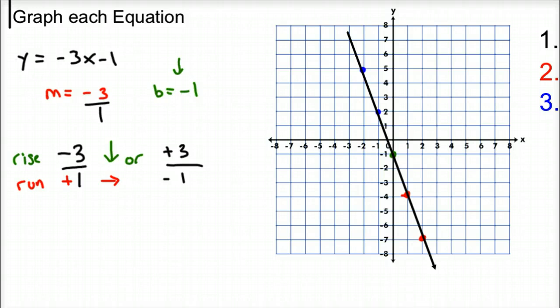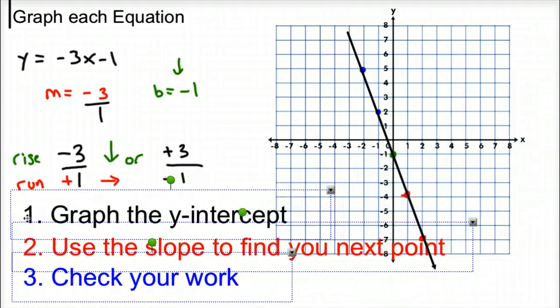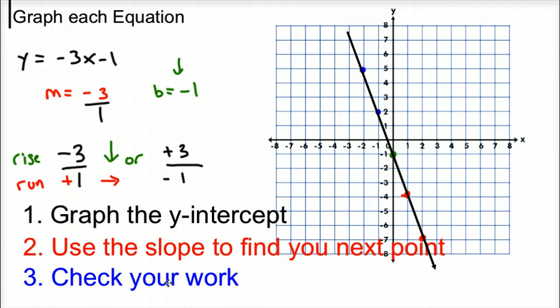Again, you can check your work using these 3 steps: graph the y-intercept, use the slope to find your next point, and then check your work by inputting and making sure you get that same output. So we could check one of these points. This coordinate here is -2, 5. So we have an input of -2.